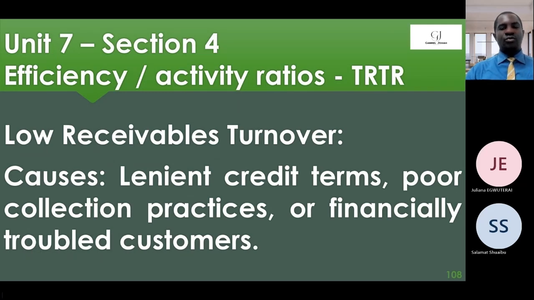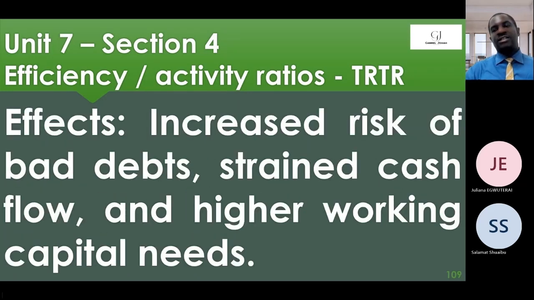So when the company is too lenient with its terms, and you look at the proceeds from credit as low, or poor collection practices, or financially troubled customers, these could be the cause. And the effect is increased risk of bad debt, strained cash flow, and higher working capital needs. Exactly. Especially when the chunk of sales between cash and credit is high, especially on the credit side.